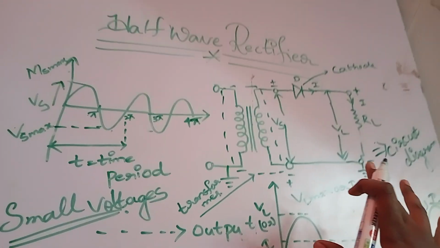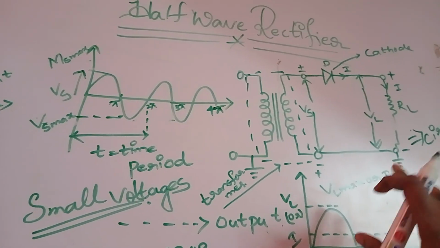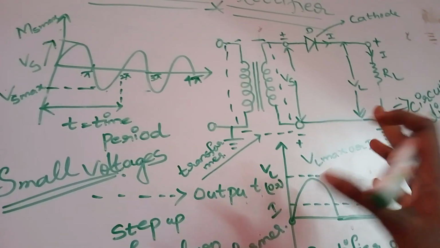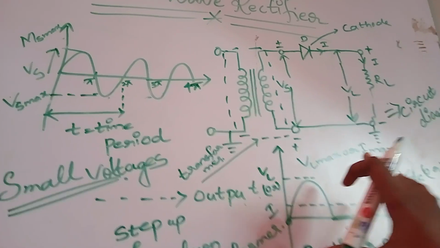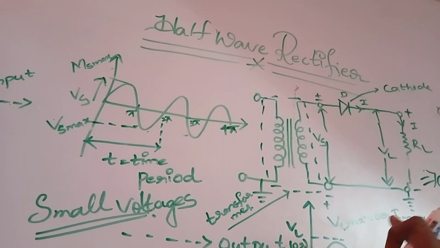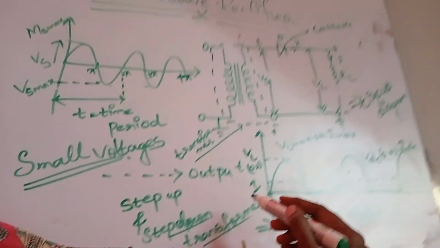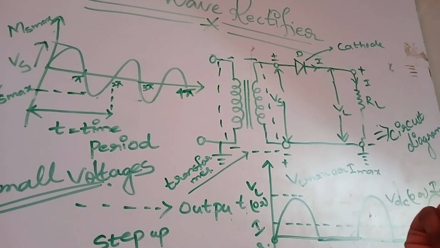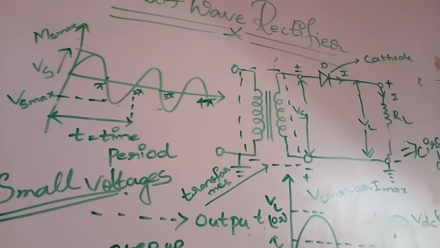Why? Because in electronic devices we don't need heavy voltages, we need small voltages. So in order to have a very low voltage, we always go through the step down transformer. We prefer it according to our application.